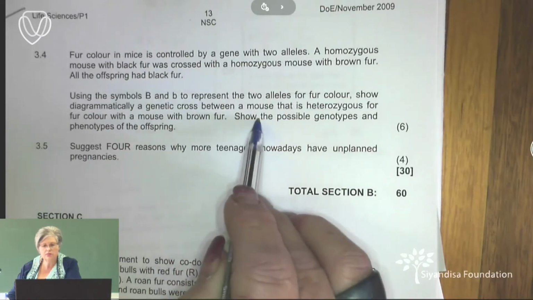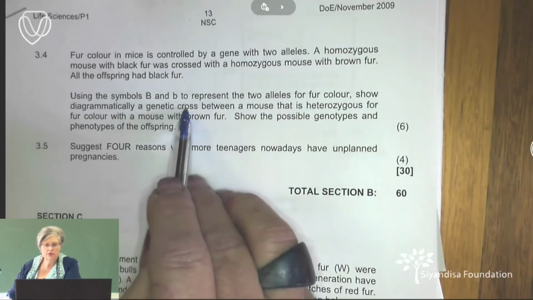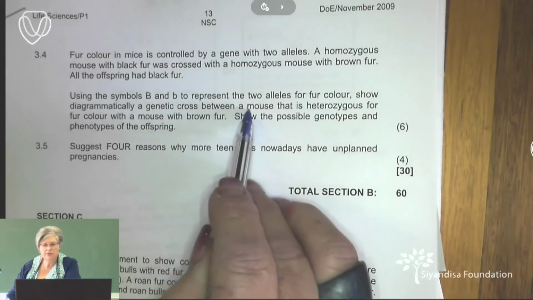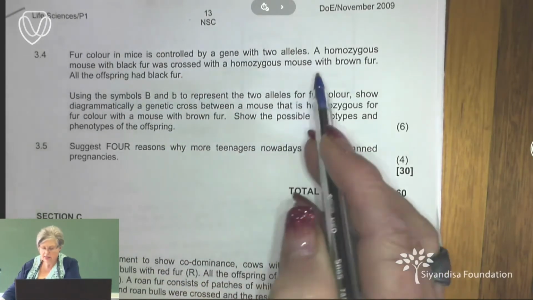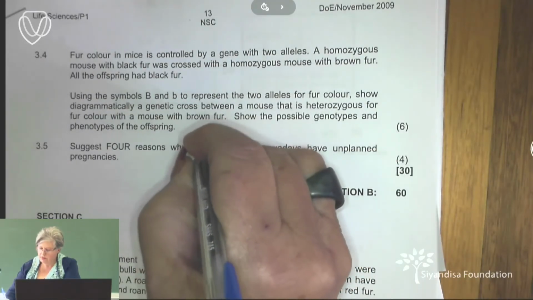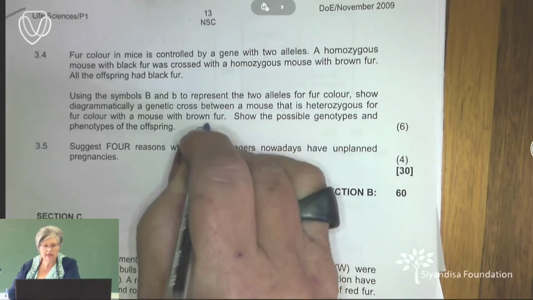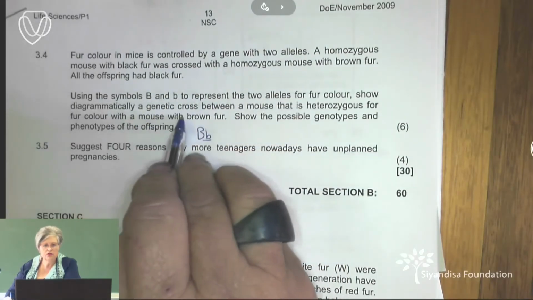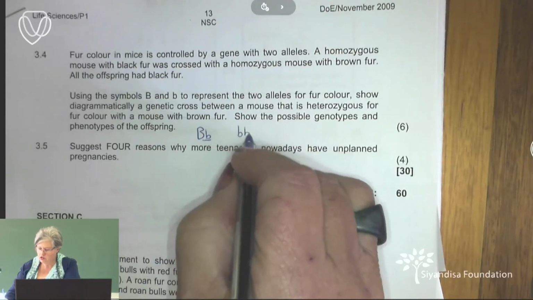Show the possible cross. So heterozygous for black will be big B, small b, with a mouse with brown fur, small b.